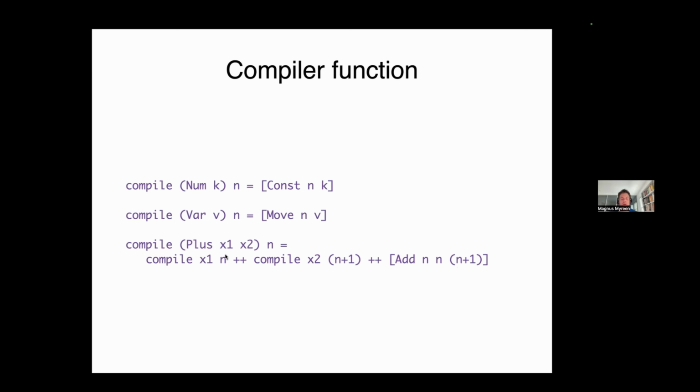So the value of x1 will at runtime be eventually, at the end of this code snippet, live in register n, while this one will put its value in n+1. And so the add instruction can just do n and n+1 and put that into n.